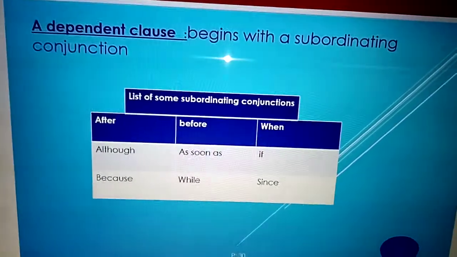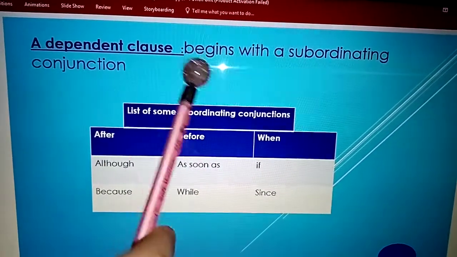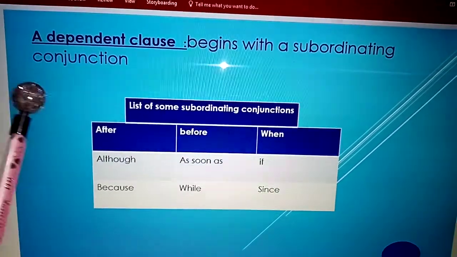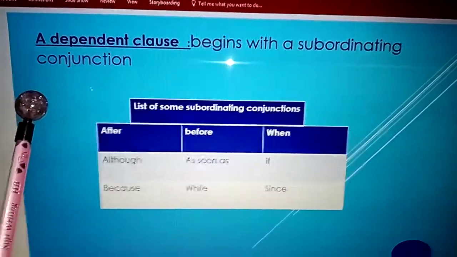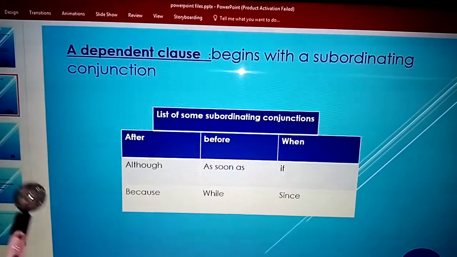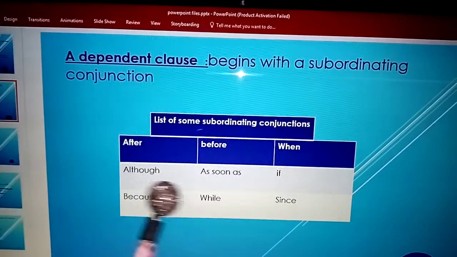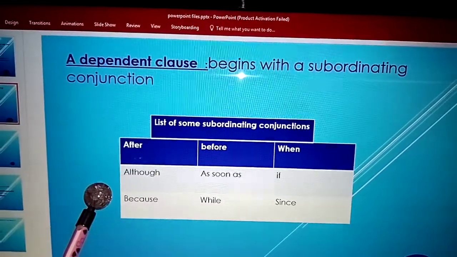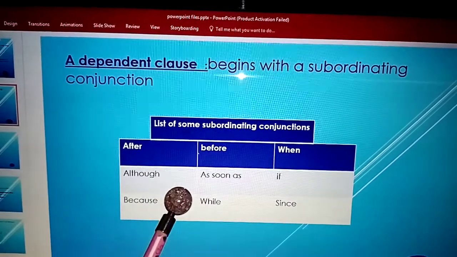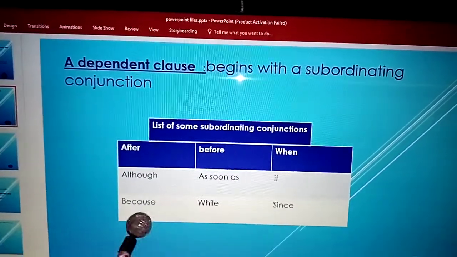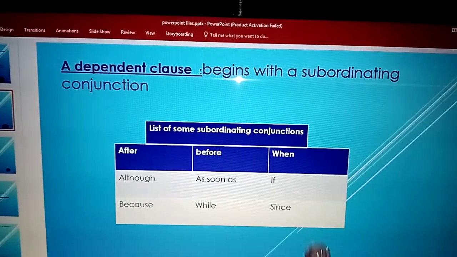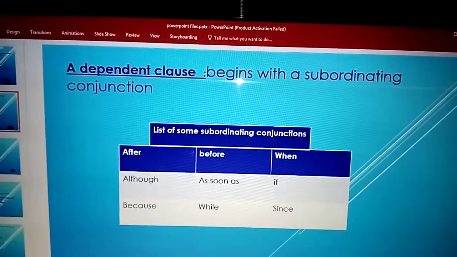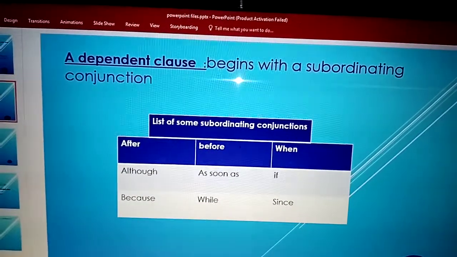Now, a dependent clause begins with a subordinating conjunction. What do I mean by a subordinating conjunction? Like after, before, when, although, as soon as, if, because, while, since, and we still have a lot of subordinating conjunctions.